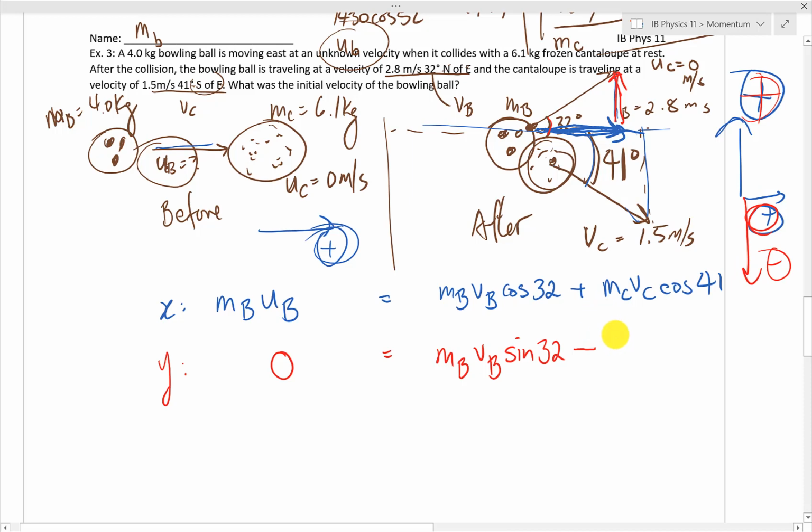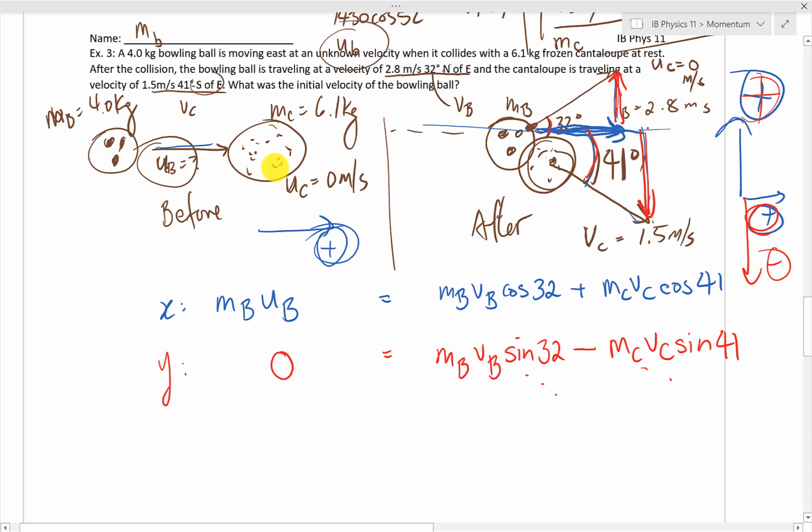So that's subtracting mass of the cantaloupe, velocity of the cantaloupe, and this vertical component here is opposite to the 41 degrees, so that's going to be also sine of 41 degrees. Now you might be thinking, can I just say these two momentum are equal because they sum up to 0?